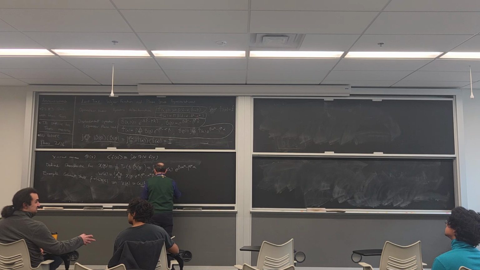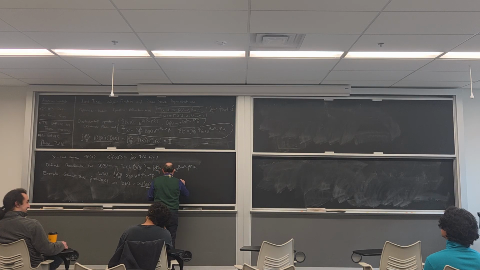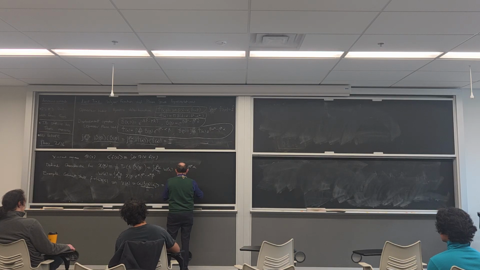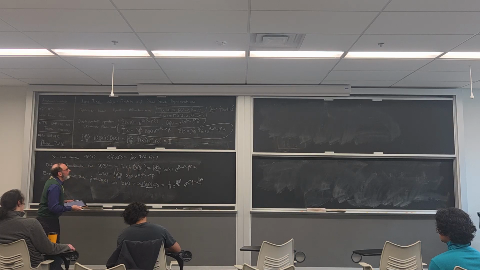Right. So this is equal to 1 over pi e to the beta squared over 2 e to the alpha naught star beta minus alpha naught beta star. That's the characteristic function.